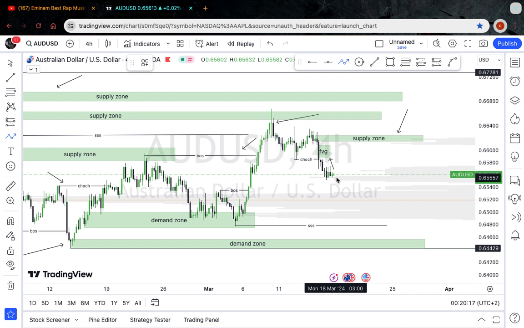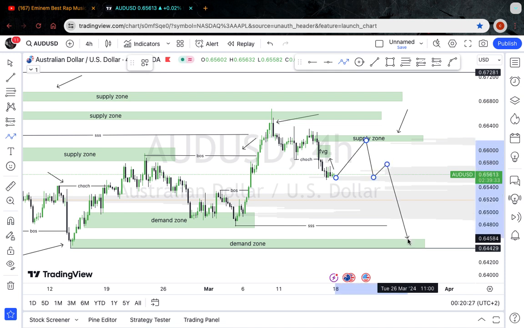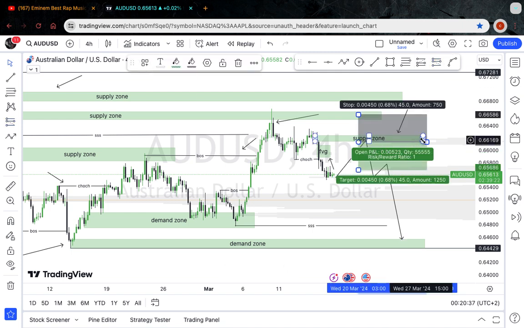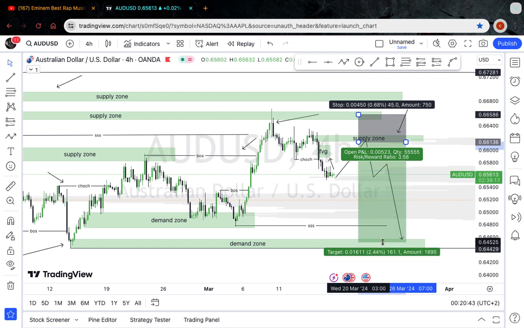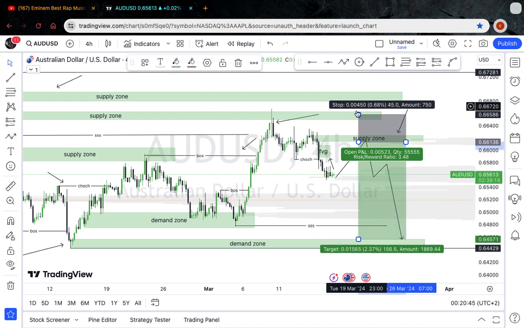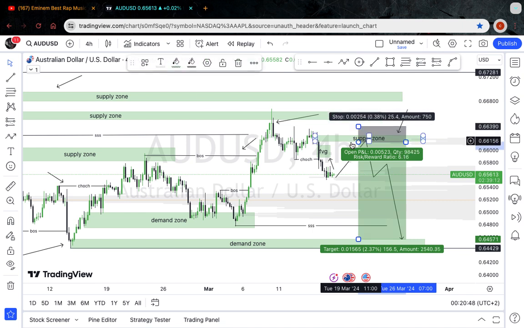So what are we waiting for? We are waiting for the market to open, push to the upside, mitigate this supply zone, and then from that supply zone, that's where we can continue looking for sales, and then we target the overall demand zone. Meaning our selling area is going to be this one. This is the area that we need to monitor this week. The price is 0.66136.